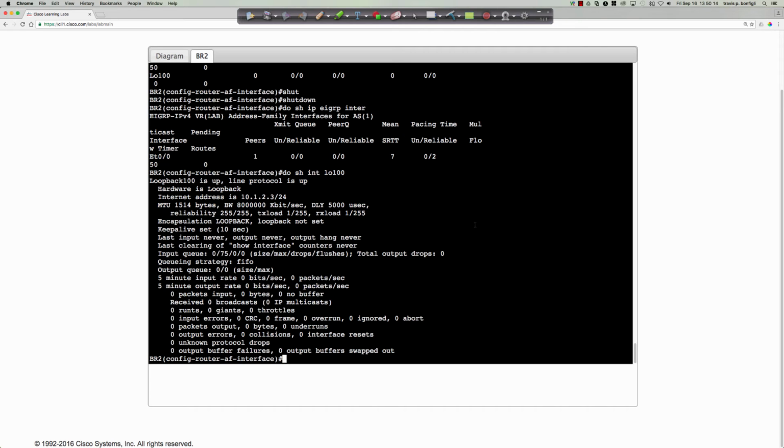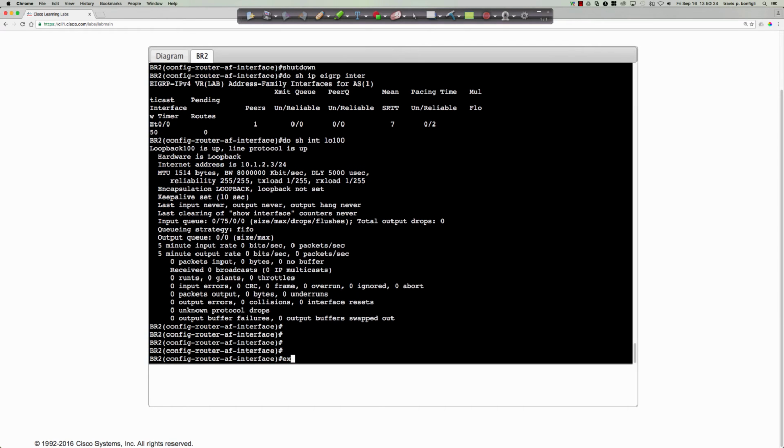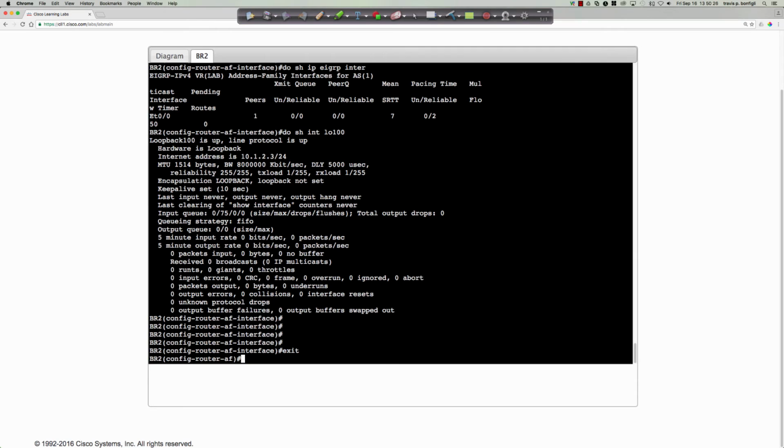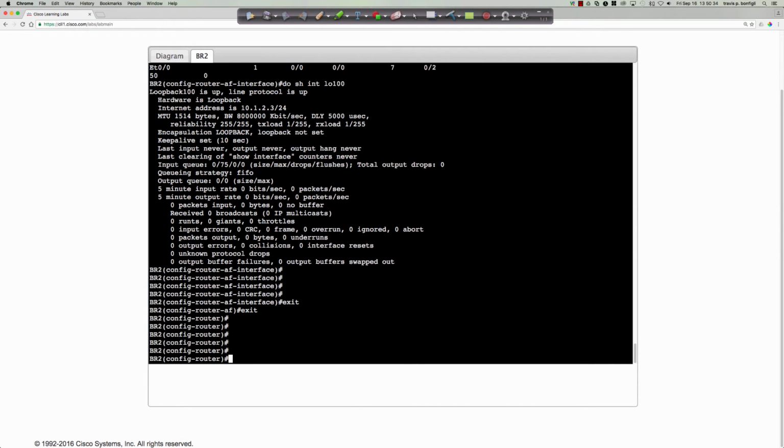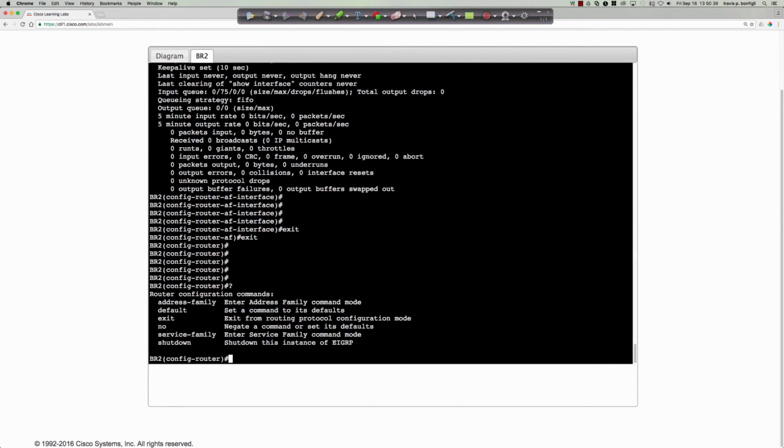Maybe it's an internal IP for something on the management side, who knows? But the shutdown command facilitates shutting down EIGRP on an interface, not the shutting down of an interface itself.